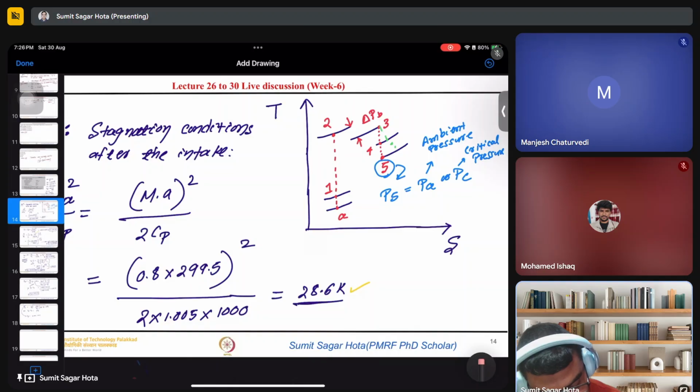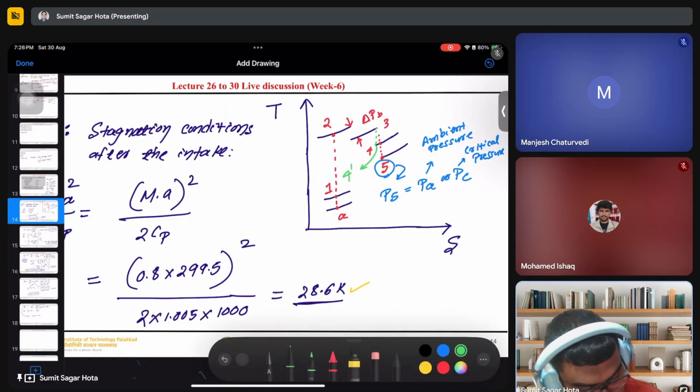Okay, so this is how you can understand the things. I'll just erase. It will be on this side.